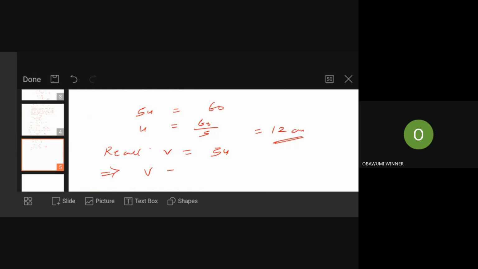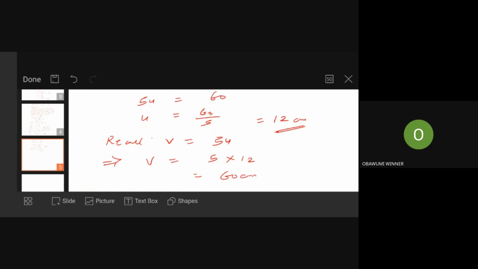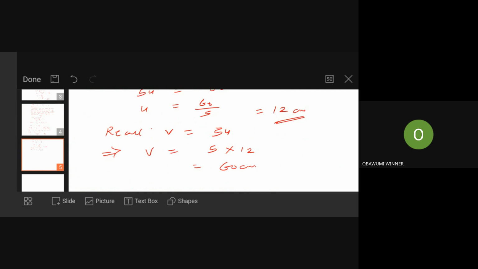My v becomes 5 times 12, which is 60 centimeters. So the object distance is 12 cm, and the image distance is 60 cm. All right, so I've been able to calculate the image distance and the object distance.